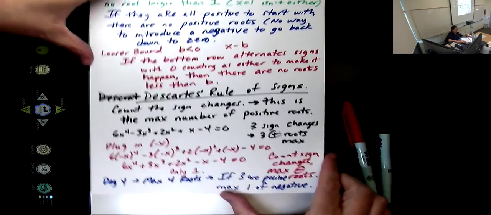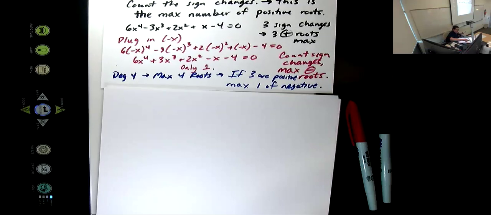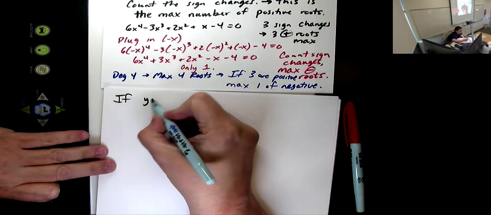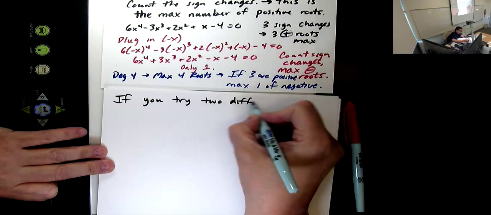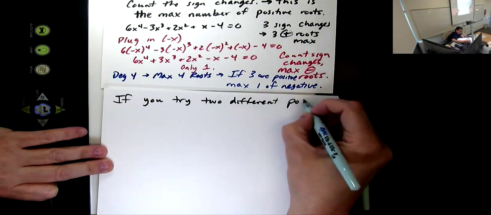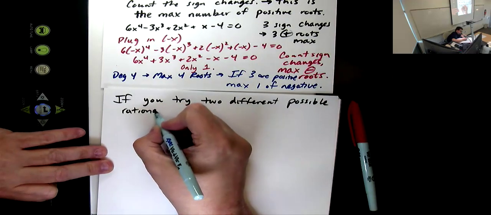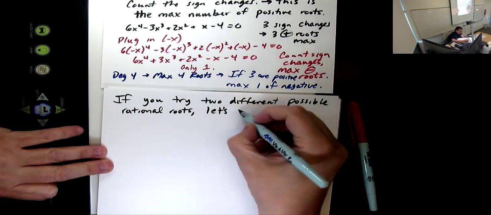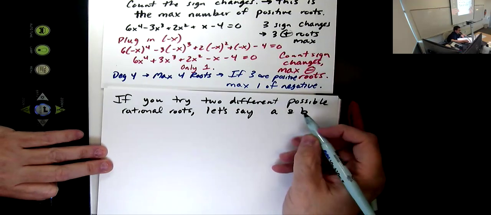There's one other theorem here. We'll finish this problem on Tuesday. But there's one other theorem here, if you start working on it and want to think about it. If you try 2 different ones, let's say A and B, because the numbers are going to change for each problem.